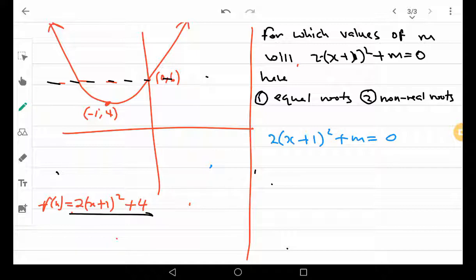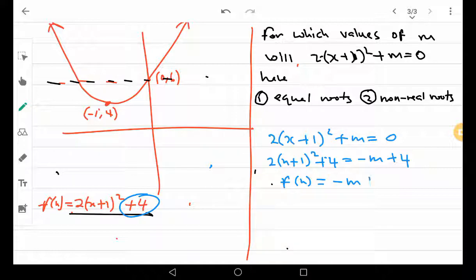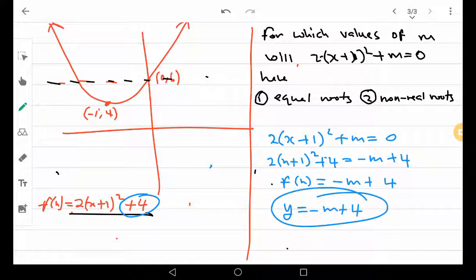Taking m across, 2x plus 1 all squared is equal to minus m, then plus 4 on both sides, so f of x is equal to minus m plus 4. That graph is y is equal to minus m plus 4.